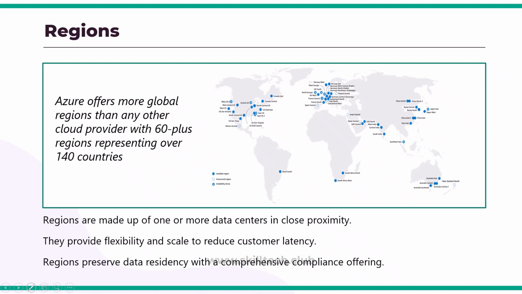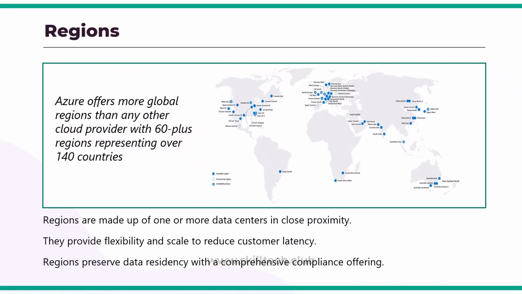They provide flexibility and scale to reduce customer latency. Regions preserve data residency with a comprehensive compliance offering. And all these regions are connected with each other, so whenever we want to transfer data or configure things like disaster recovery, it's going to be much easier for us.